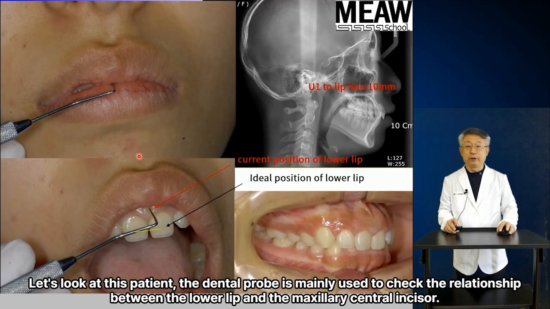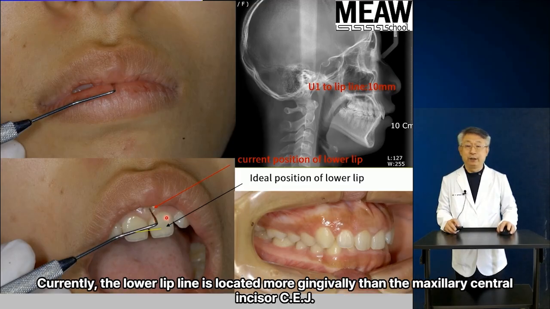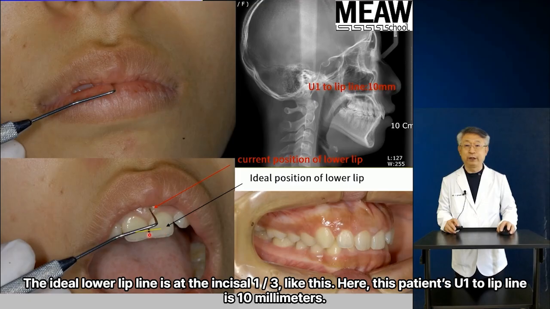Let's look at this patient. The dental probe is mainly used to check the relationship between the lower lip and the maxillary central incisor. Currently, the lower lip line is located more gingivally than the maxillary central incisor CEJ. The ideal lower lip line is at the incisal 1/3, like this.